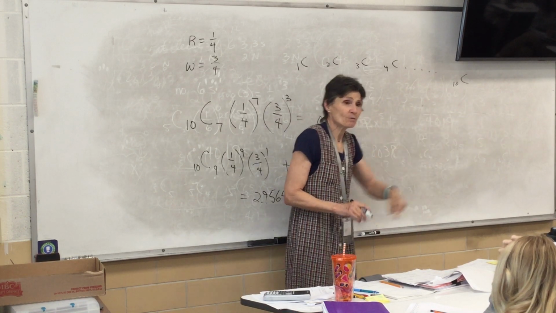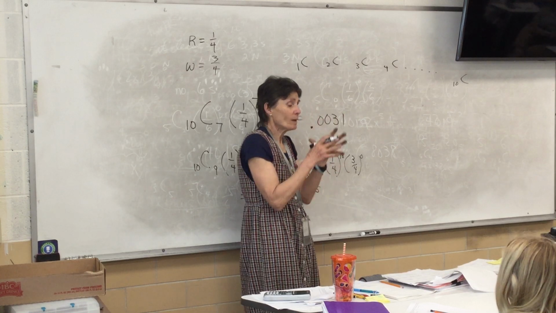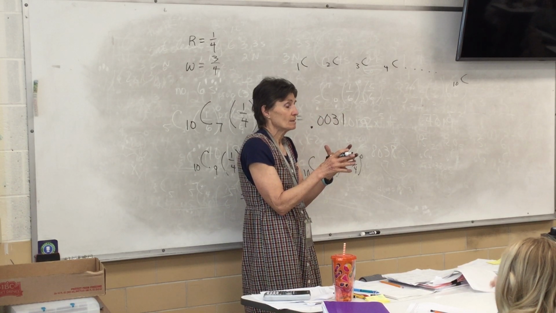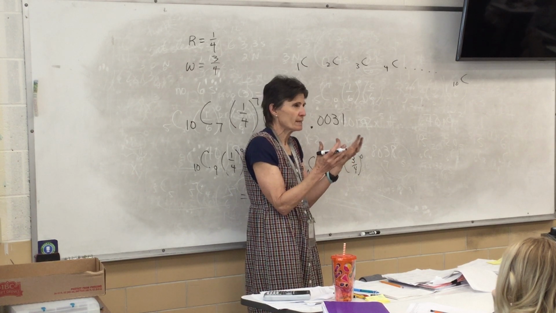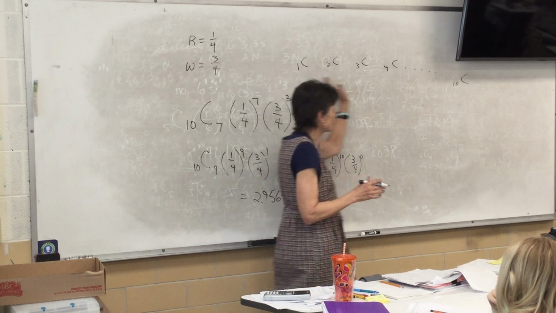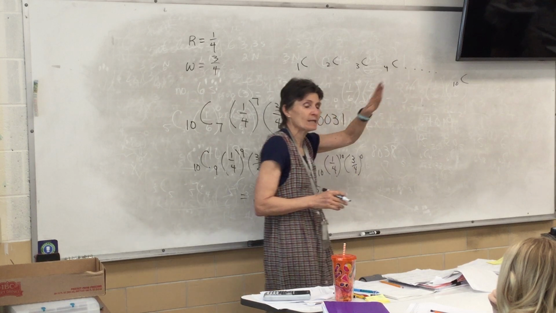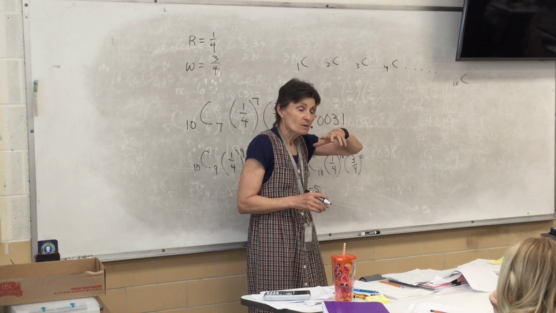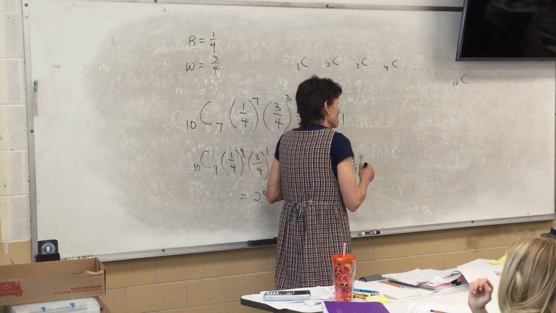So let's use Patrick's method. If you want to get at least 1 correct, then what's the only other thing that could happen? I mean, that's almost everything. There's only one other thing that could happen, and that is none correct. So let's find the probability that you miss them all.